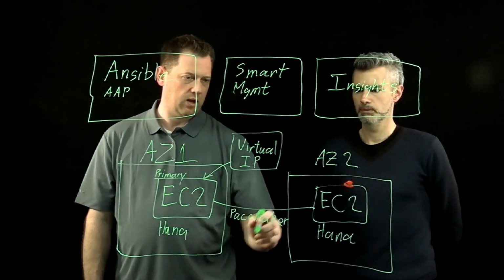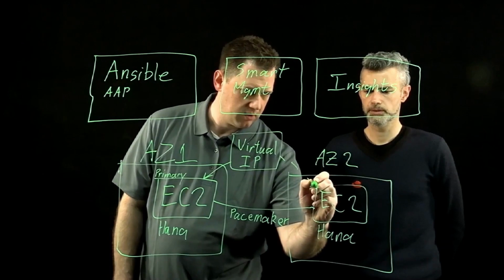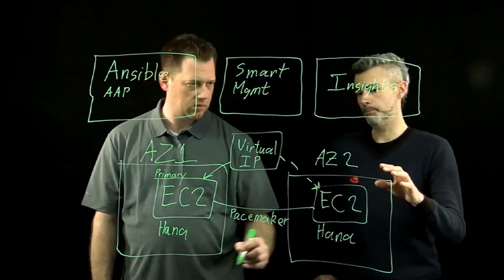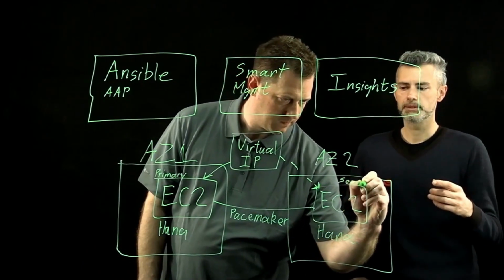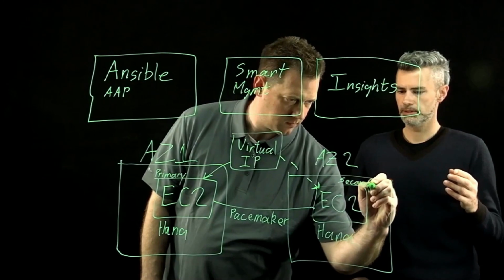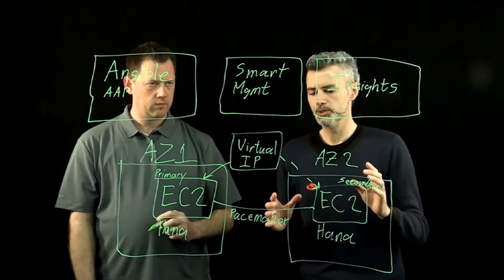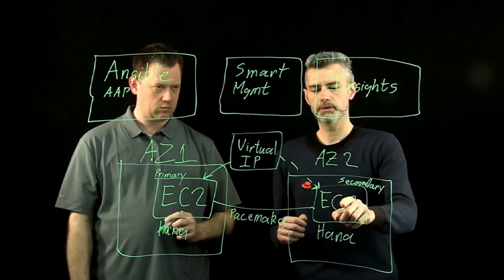Now, I've heard something about this near zero downtime. What does that mean? So that means that while we're patching the servers, the users won't see any interruption in the service. So let's say we want to apply some packages. What we will do is, first of all, we will do the maintenance here in the secondary server.